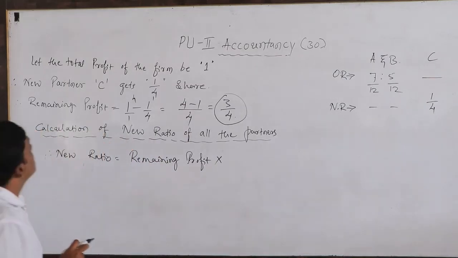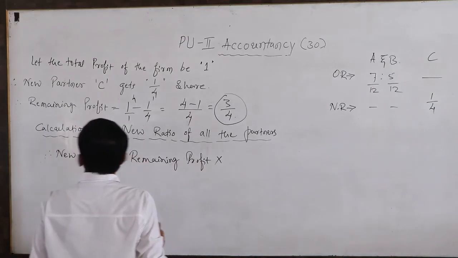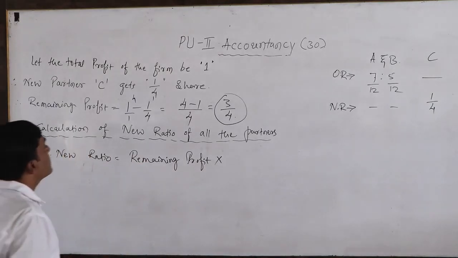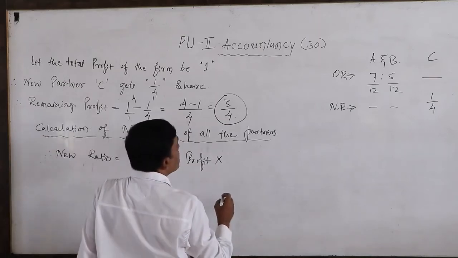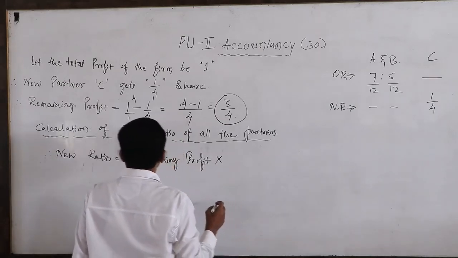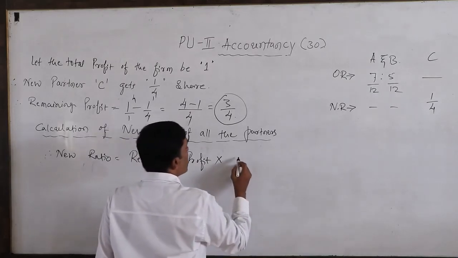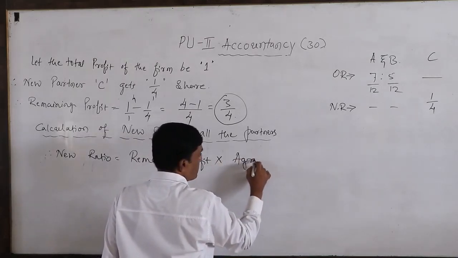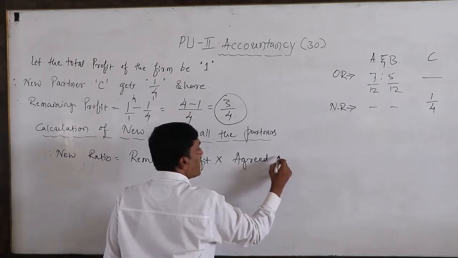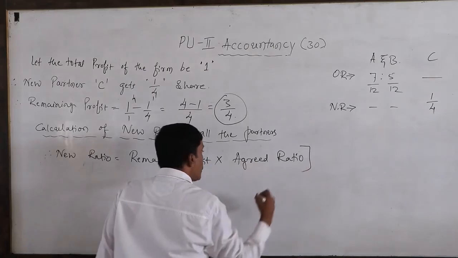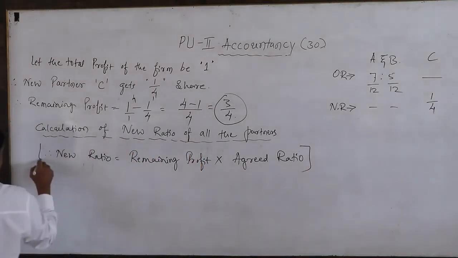Under this situation, the old partners have agreed to share remaining profit equally. That is the reason we need to distribute remaining profit among the old partners as per their agreed ratio. Instead of writing old ratio, here I have written agreed ratio.